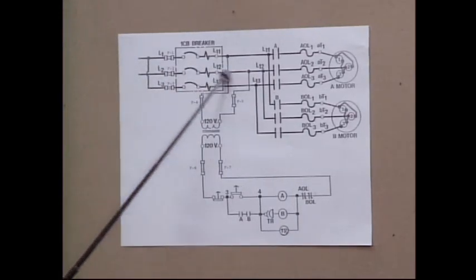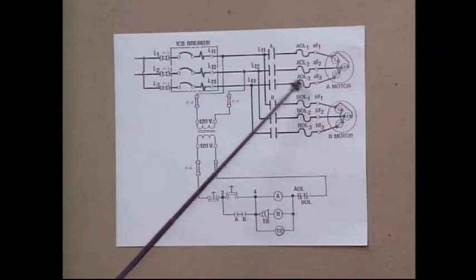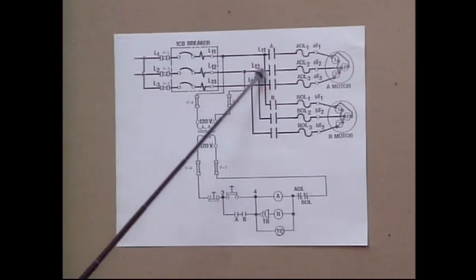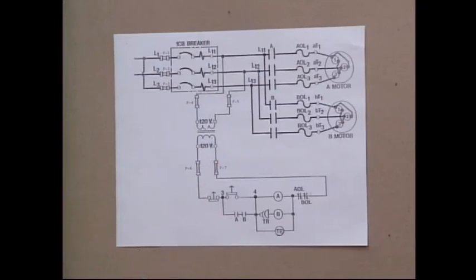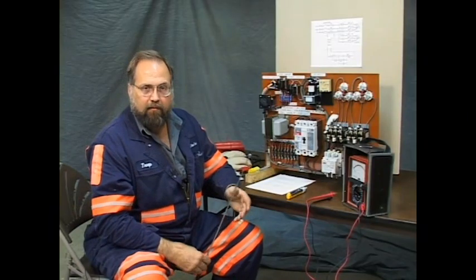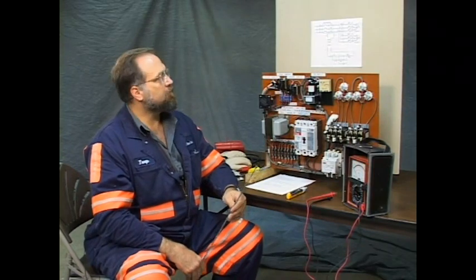Phase 2, if you would note, is common to all 3 lights on the A motor. It's also common to all 3 lights on the B motor. Common sense would tell you that phase 2 is the neutral of the 120 volt input.